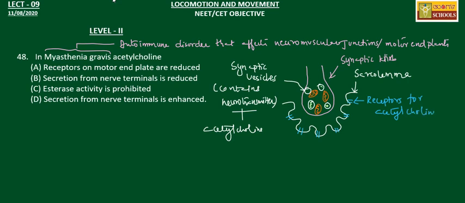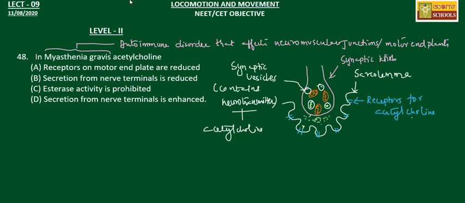Once the impulse reaches the synaptic knob, the synaptic vesicles fuse with the membrane and release the neurotransmitter into this gap, where it binds to the acetylcholine receptors, thereby passing the information into the muscle fiber.